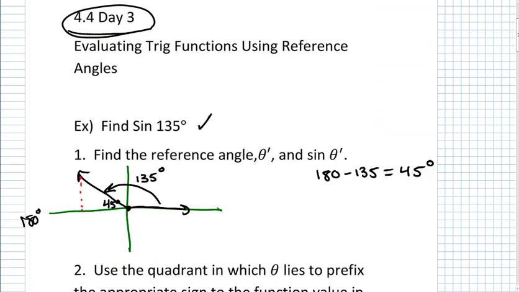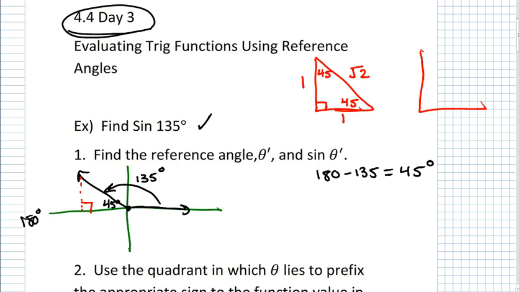Drawing the altitude, I now have a right triangle. And here's where you have to remember a couple of things from geometry. Remember, there are special right triangles: 45, 45, 90. The sides are the same in a 45, 45, 90, so the ratio is 1, 1, and the hypotenuse is the square root of 2.